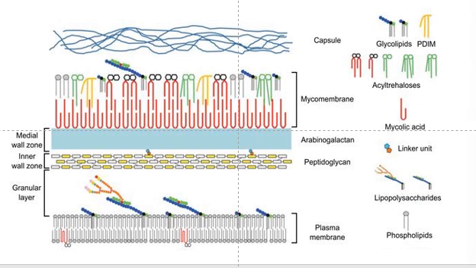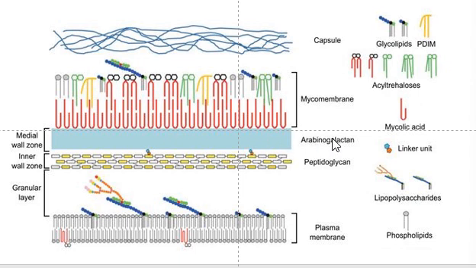Now if we look at it closely at the molecular level, the structure of Mycobacterium tuberculosis contains what's called arabinogalactan here, the blue portion.